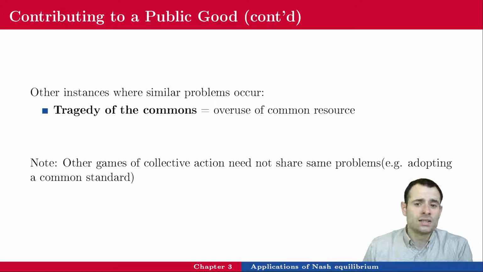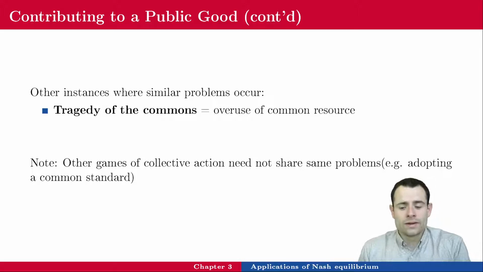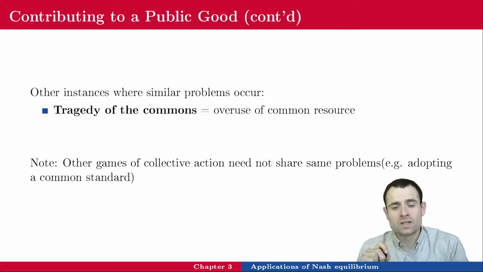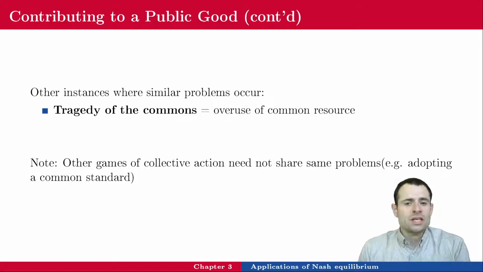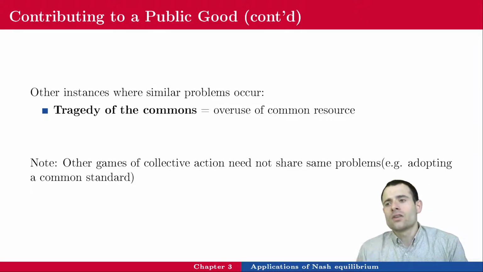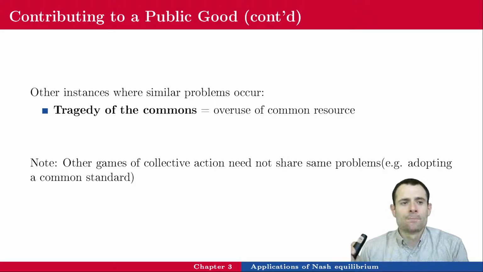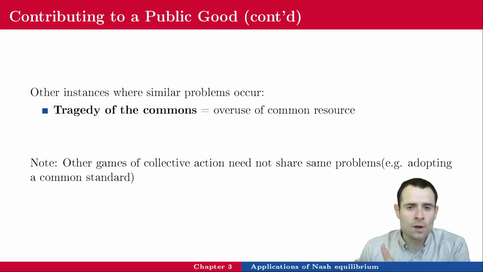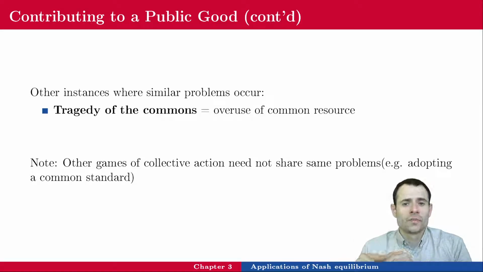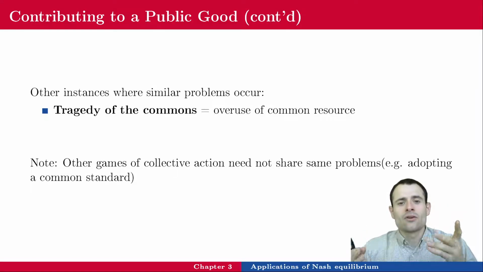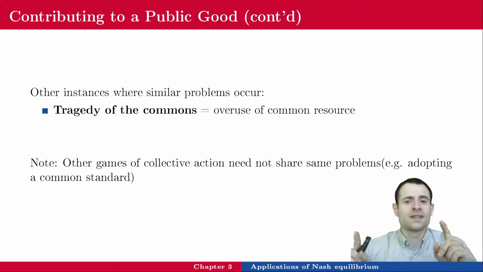The idea is that when one individual wants to use it, they are not going to think about how much other people can use it. If you decide to go to a local lake and fish, you might not think about the impact of your fishing on everybody else's fishing. By doing this, you're going to overfish.